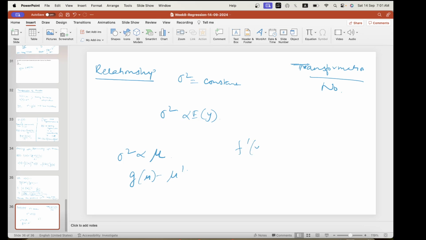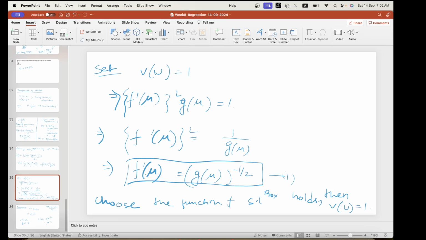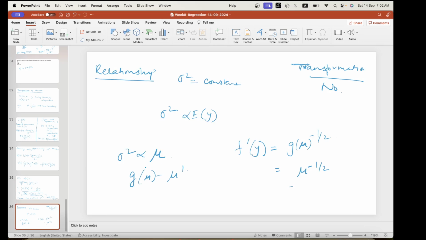So then f prime mu is g mu to the power minus half, which becomes mu to the power minus half.